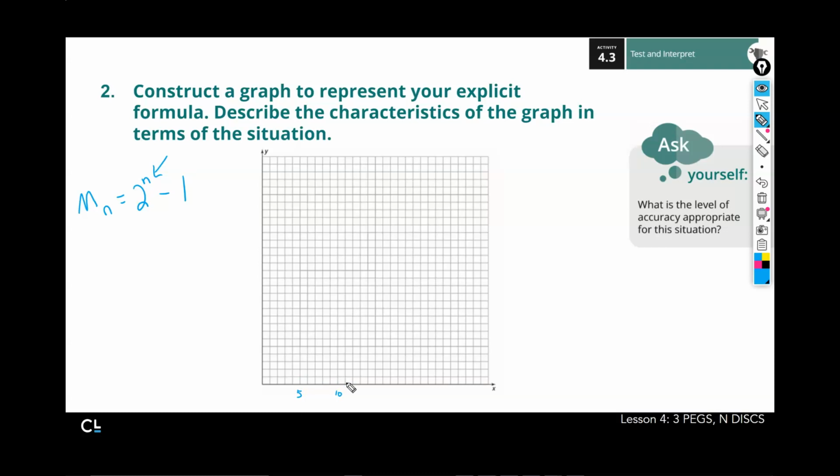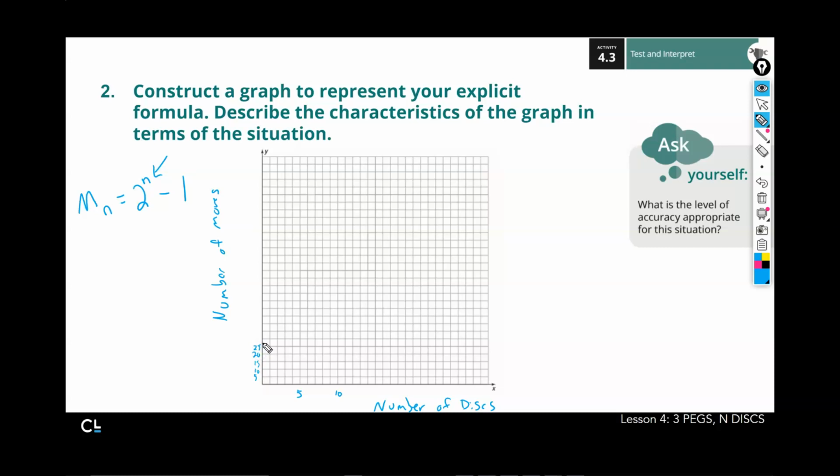And my x-axis represents the number of discs or coins, whatever you're using. My y-axis is the number of moves. And I'm going to have each one of these go by fives. 5, 10, 15, 20, 25.